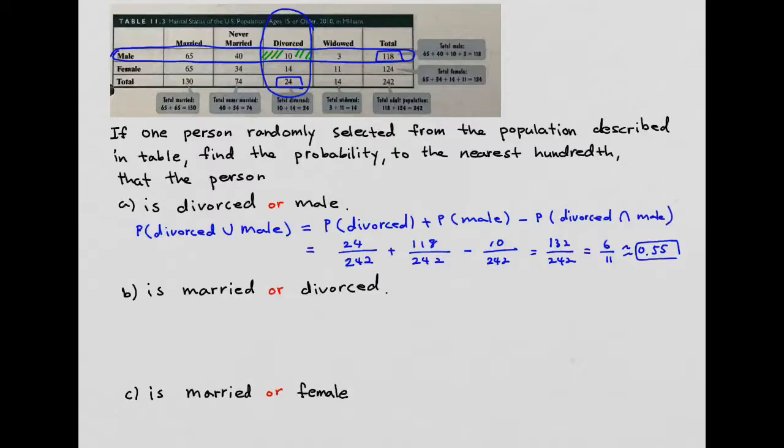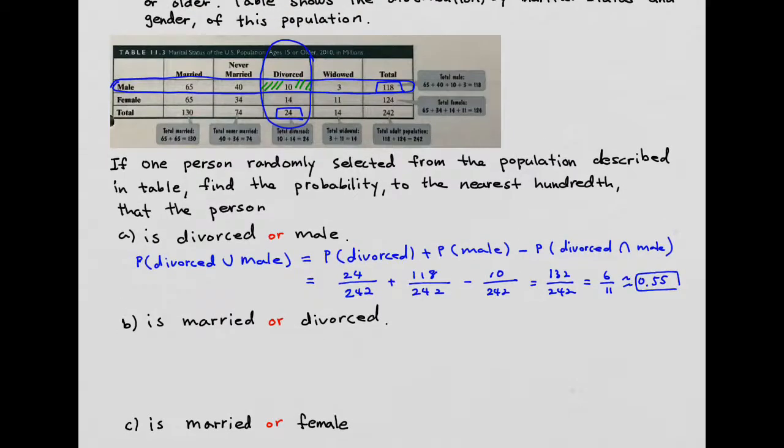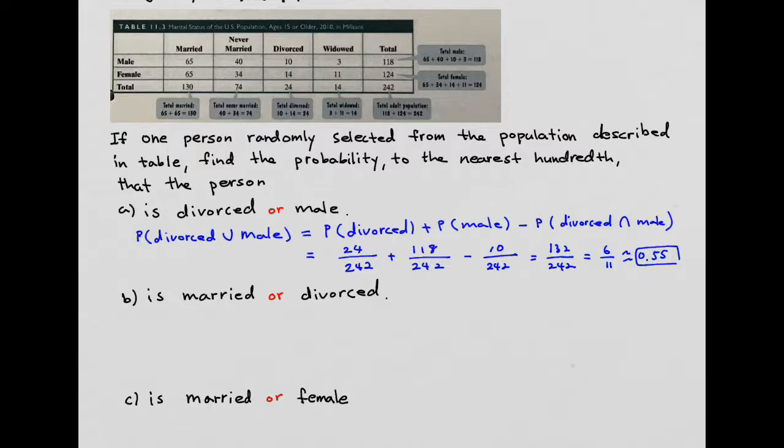Okay, so with the same chart, let me erase and go over part B. This time we're looking for the probability of married or divorced. Let me mark the married and divorced and see if there is any overlapping area. That will tell you if it's a mutually exclusive event or not.